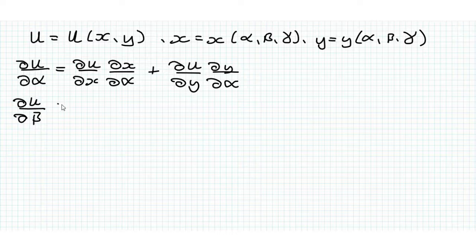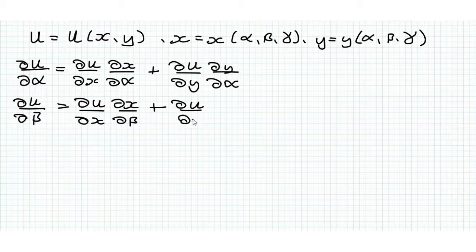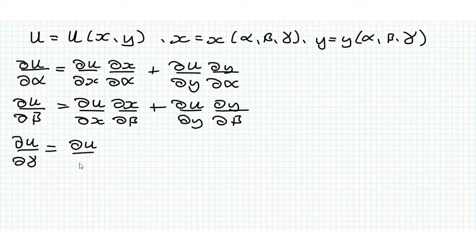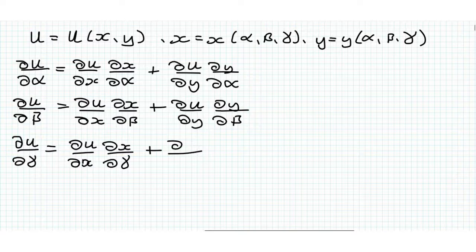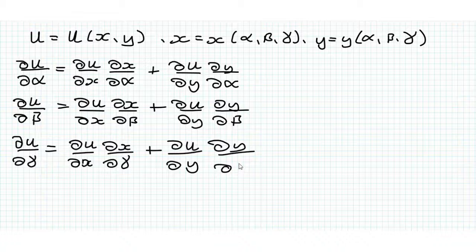Partial du d beta is partial du dx by partial dx d beta plus partial du dy, partial dy d beta, and then finally we can differentiate u partially with respect to gamma, and that's partial du dx, partial dx d gamma plus partial du dy, partial dy d gamma.